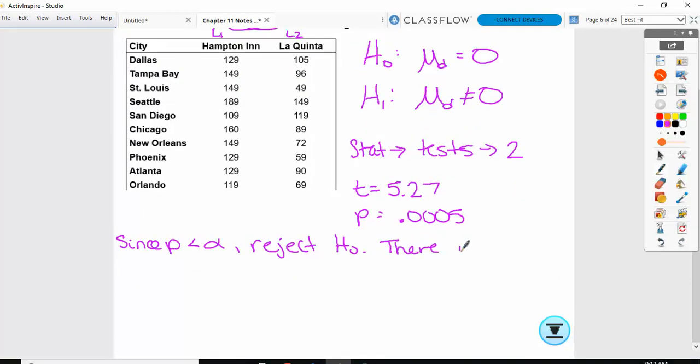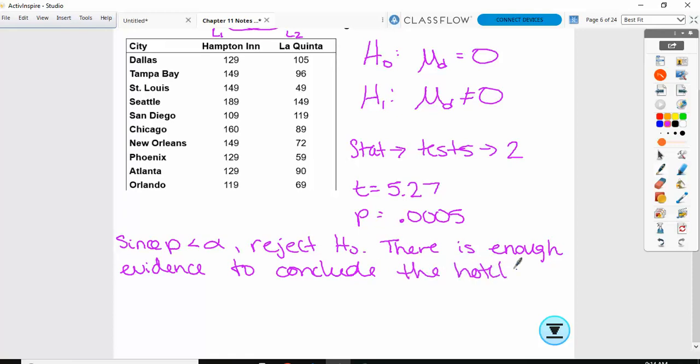Okay, that means there is enough evidence to conclude the hotels are priced differently.